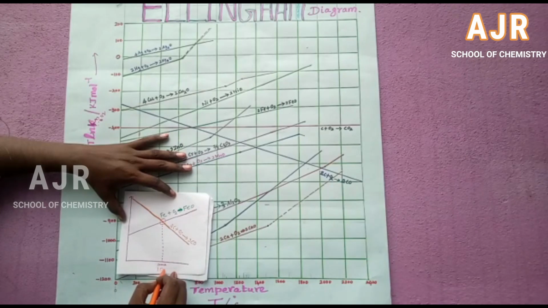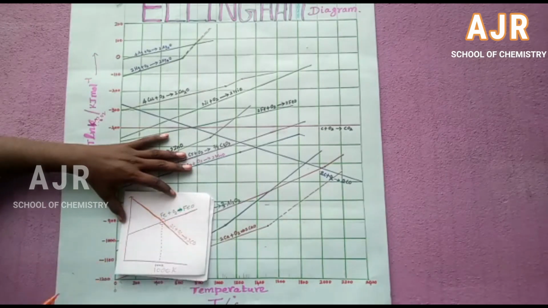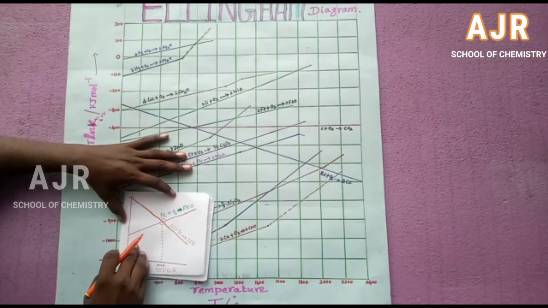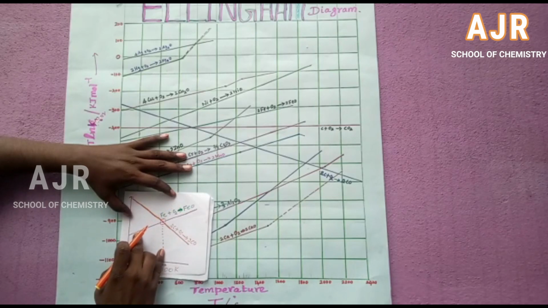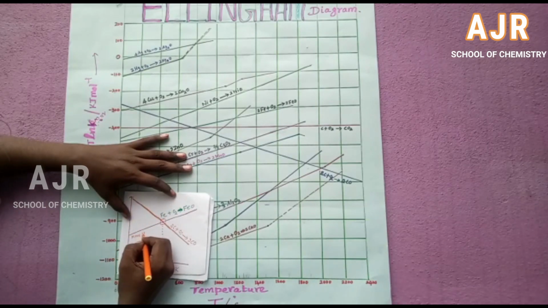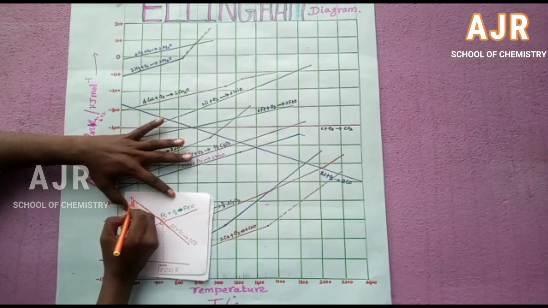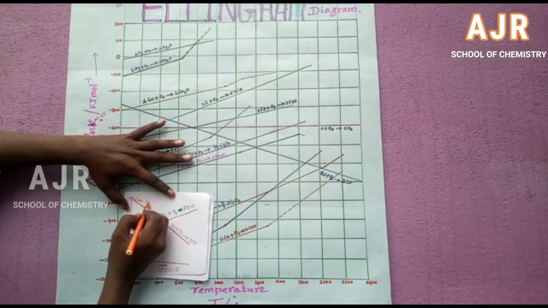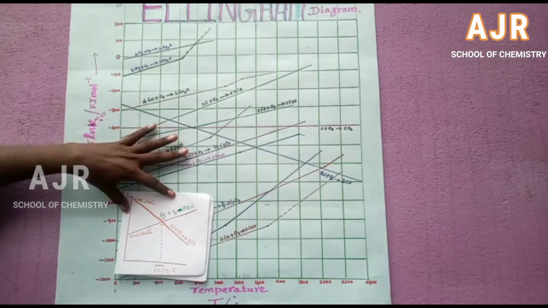At around 1000 Kelvin they are intersecting, which means that below this temperature iron oxide formation is more stable, right? Iron oxide formation is more stable, and this is less stable, and this is applicable below 1000 Kelvin.